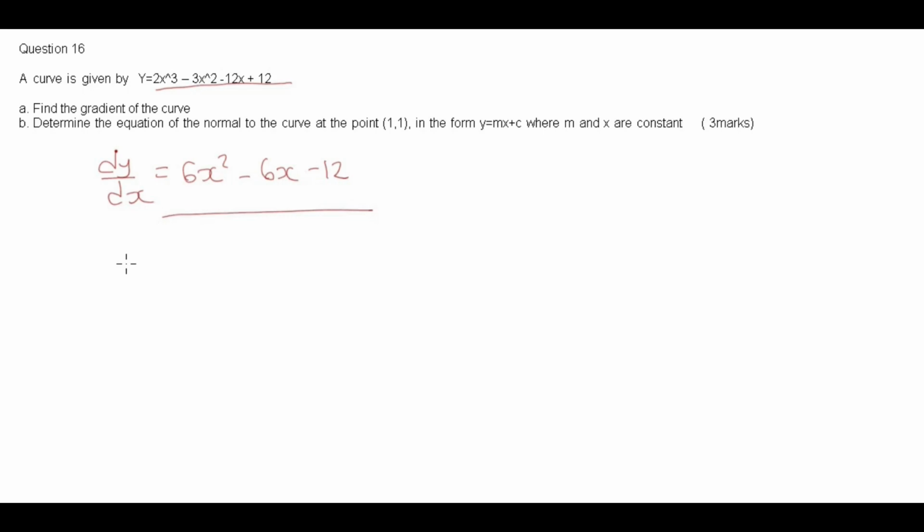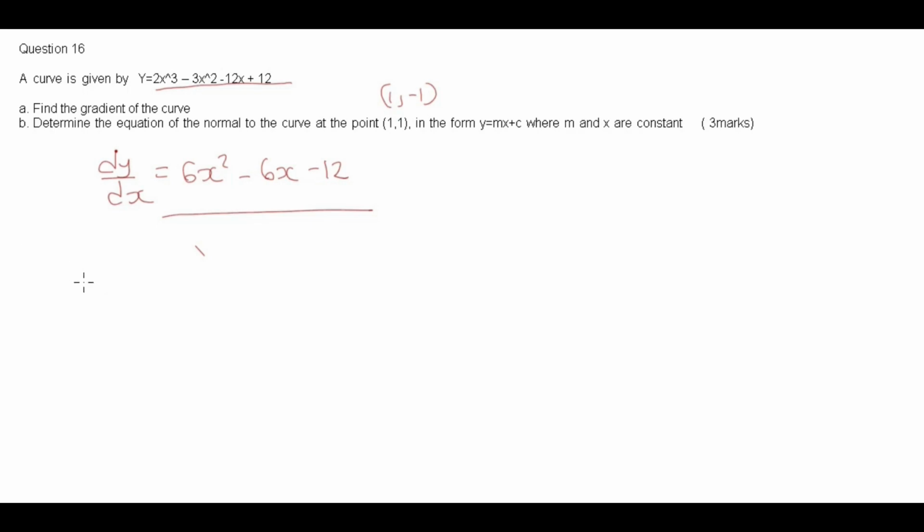Part B. Determine the equation of the normal to the curve at the point 1, negative 1, in the form y equals mx plus c, where m and c are constants.